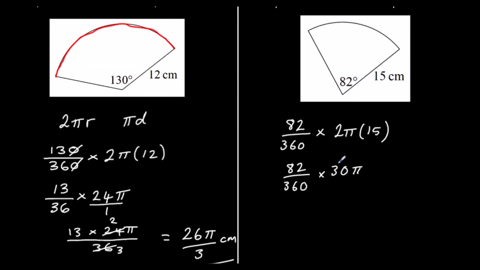I can simplify this. So 12 30s make 360. So if I divide both sides by 30, divide top and bottom by 30, I've got 82 over 12 times pi.